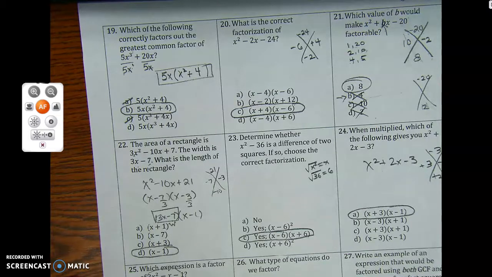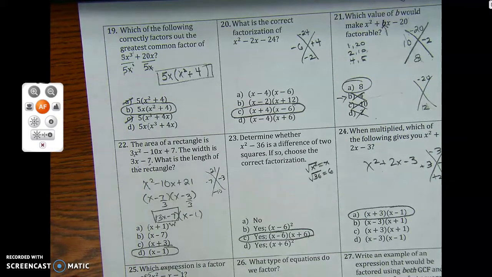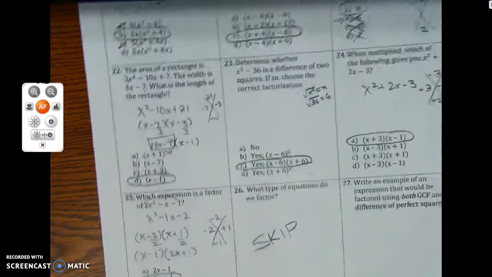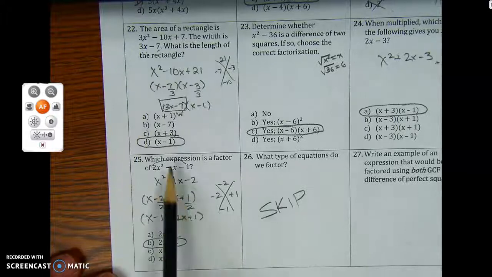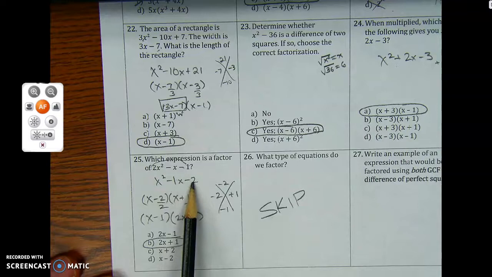And this becomes, when we do bottoms up, 2x plus 1. So 2x plus 1 is one of the factors. X minus 1 is the other one, but it's not listed here. Oops. So sorry. I just did that whole problem without you. Multiply a times c. You get negative 2 right here.